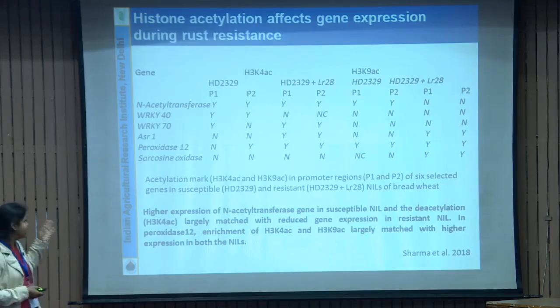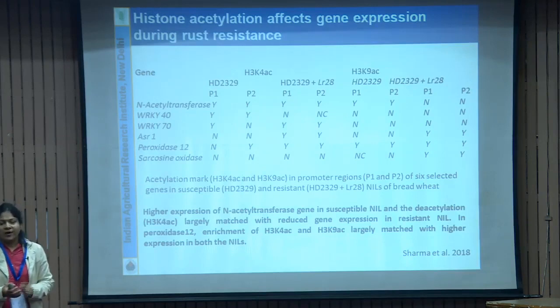At least 2 of these 6 genes were found to be regulated by different histone modifications leading to activation of those genes. So from these results we got an idea that maybe in case of leaf rust resistance, whatever differential response we are getting, at least part of those genes may be epigenetically governed also.